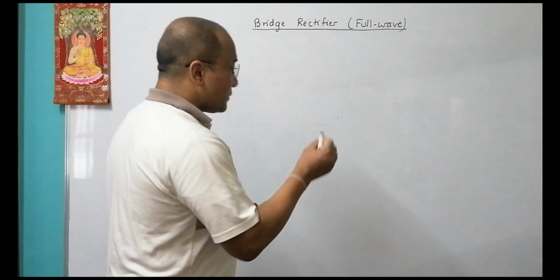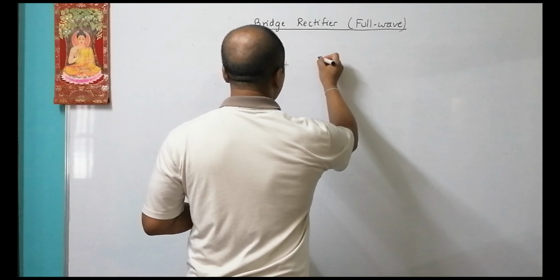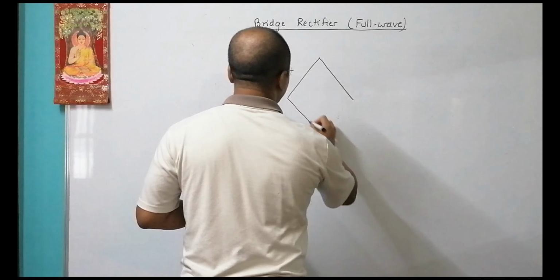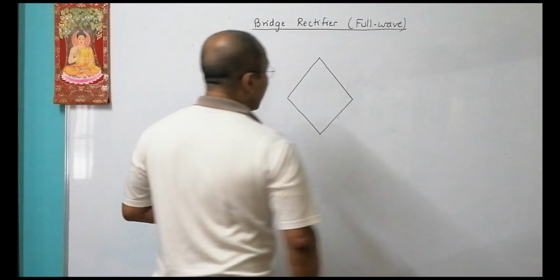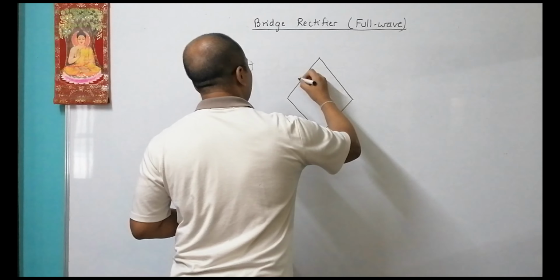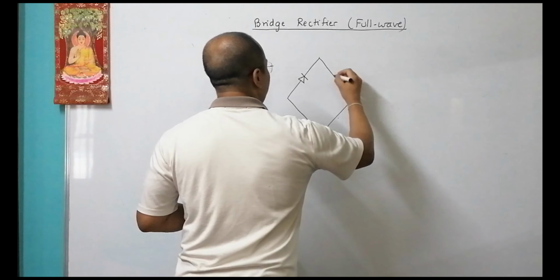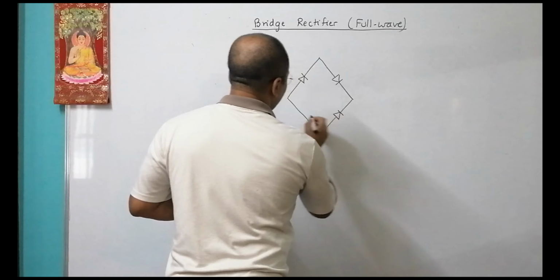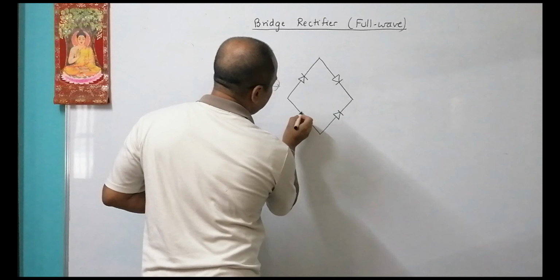So let me make the circuit here. The typical form of Wheatstone bridge is like this. It is a rhombus shape actually. Here we have got a diode. Here we have got a diode. Here again a diode. And the diodes are facing in a particular direction.